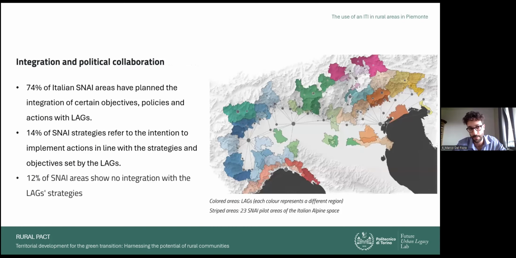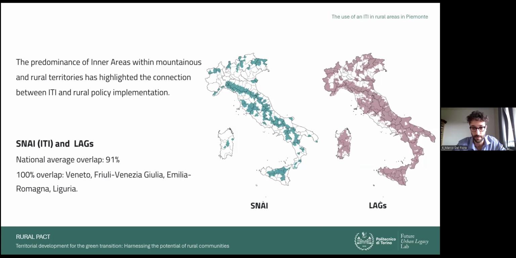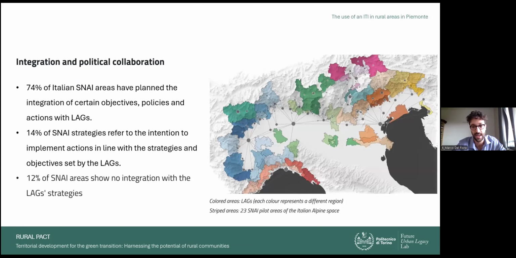Now, if we put more emphasis on the convergence of these strategies and the levers integrated between the ITI that support the national strategies of inner areas and the LAGs, from the analysis of the various local development plans of the LAGs and the SNAI area strategies, it emerged that 74% of the Italian inner areas have planned to integrate certain objectives, policies, and actions with the LAGs. 14% of the SNAI strategies refer to the integration to implement action in line with the strategies and objectives set by the LAGs.